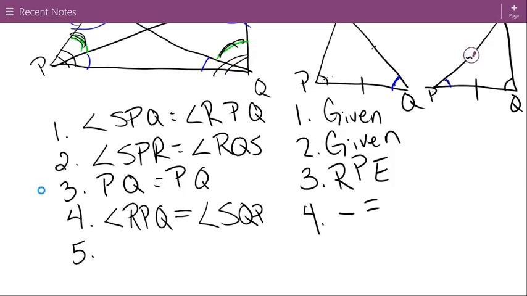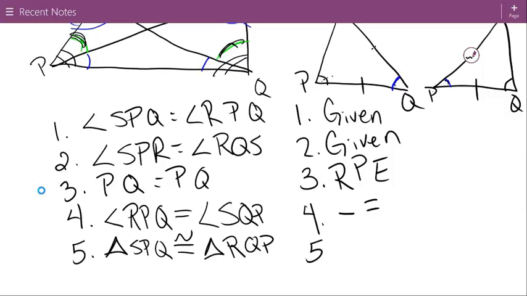Okay, so now if we've got an angle and a side and an angle, now we know that the triangles are congruent. So triangle SPQ is congruent, the little squiggly line means it's congruent, to triangle RQP, again being careful of how we write those to make sure that the corresponding parts are in the same order. And that's because of angle, side, angle. Your book lists angle, side, angle due to the various steps.